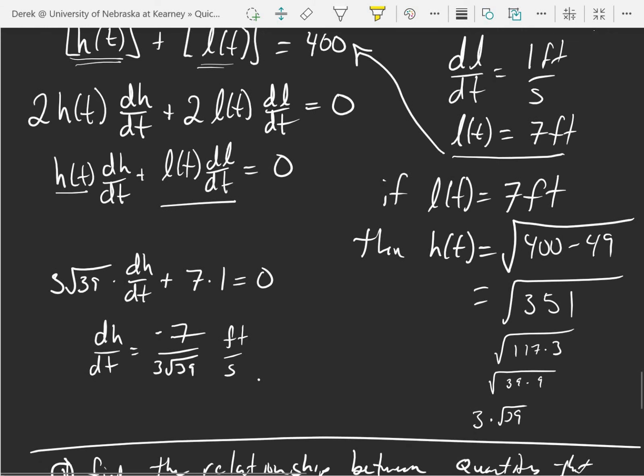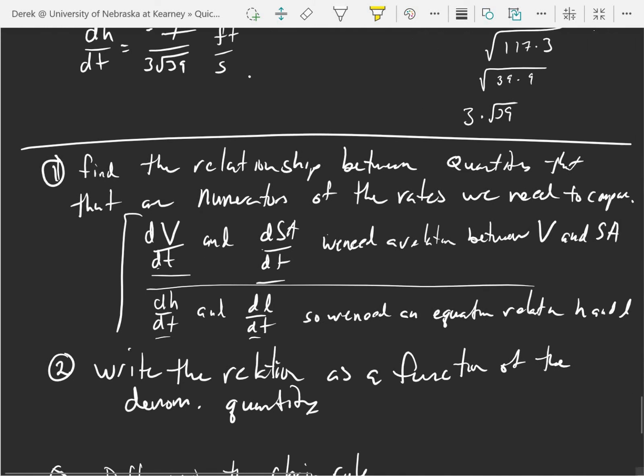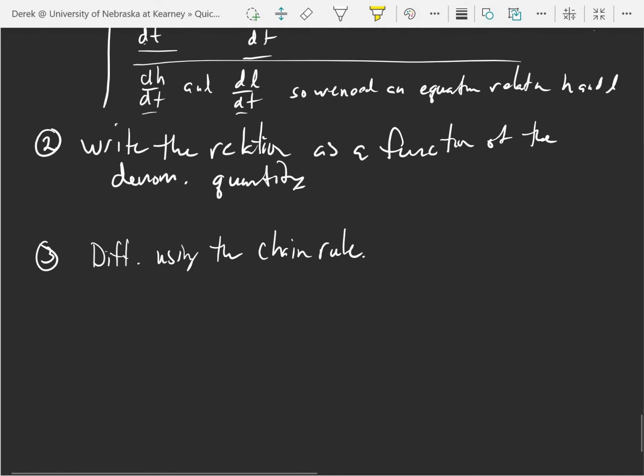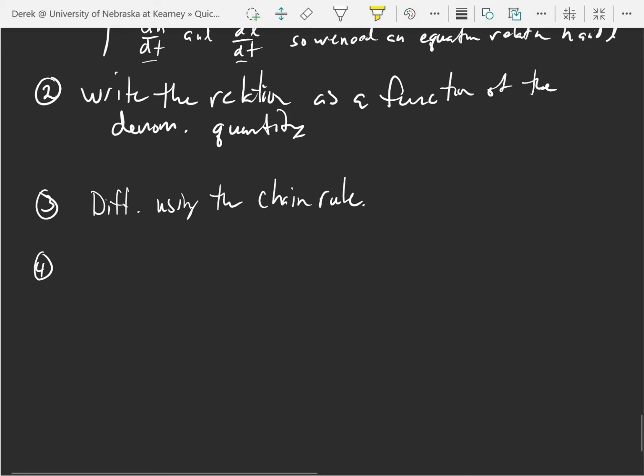It's almost like implicit differentiation again. And then 4, we just plug in values or solve for the ratio that we want, by evaluating or simplifying at the specific values that the question calls for.